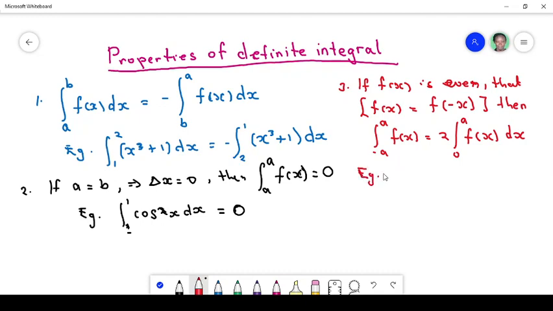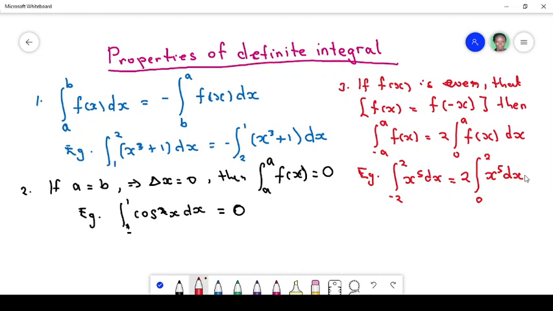So for property 4, if f of x is odd, we know the definition for that.